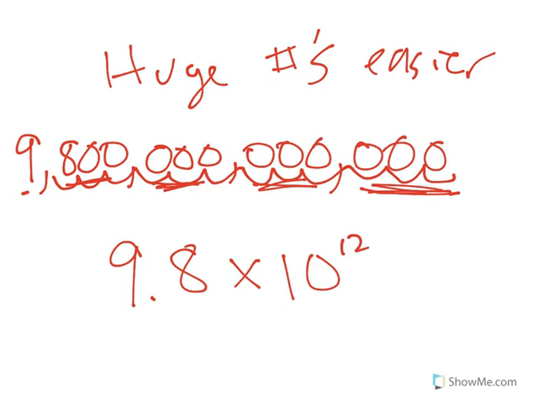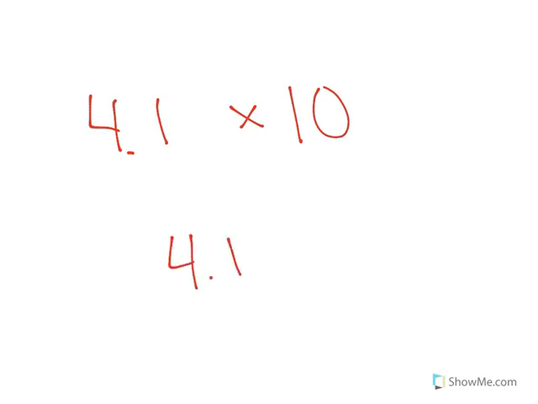So, the first thing that you need to know is that when you do scientific notation, what you're doing is multiplying by tens. So, when you have a number like 4.1 times 10, all we're doing here is 4.1 times 10.